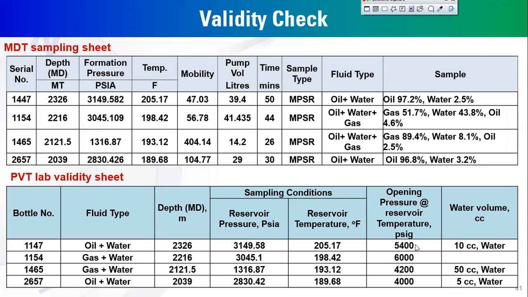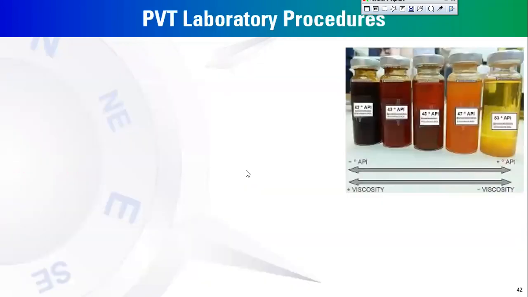But the opening pressure for this sample, as you can see, is 5,400 psi, but the reservoir pressure is about 3,150 psi, which means the opening pressure in most cases will be higher than the reservoir pressure to ensure the sample will still be single phase.